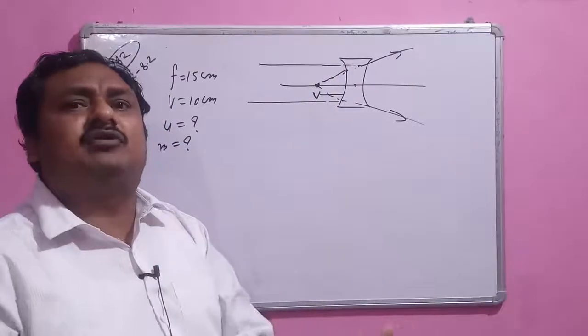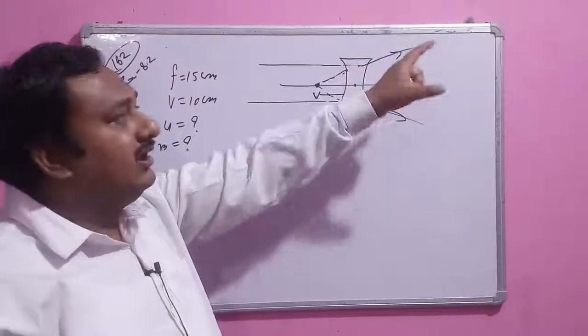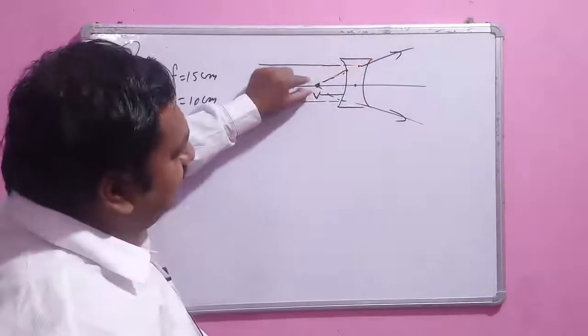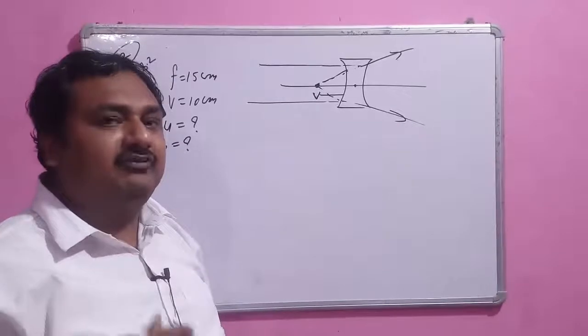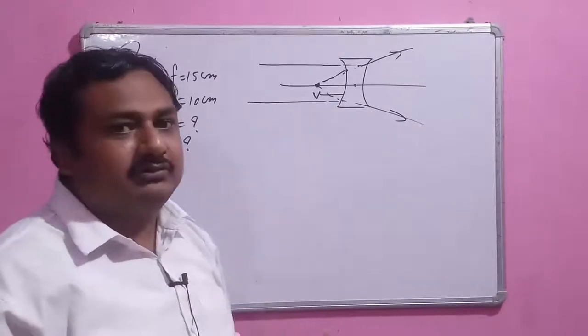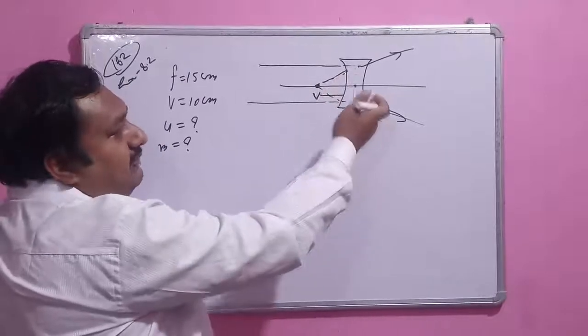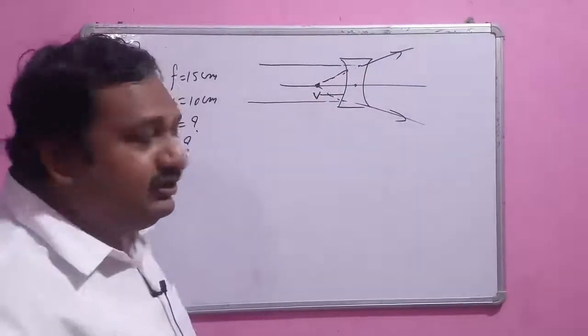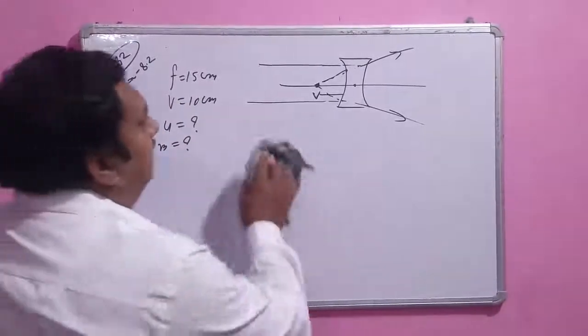Whenever you have to find the focus, assume a parallel ray. After refraction, if they appear to meet, where are they meeting? They appear to meet on the left of the lens. So in that case, the focus is on the left of the lens, and the image is forming on the left of the lens. That means both are on the left side of the lens.